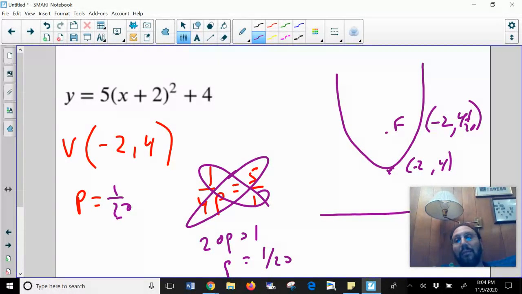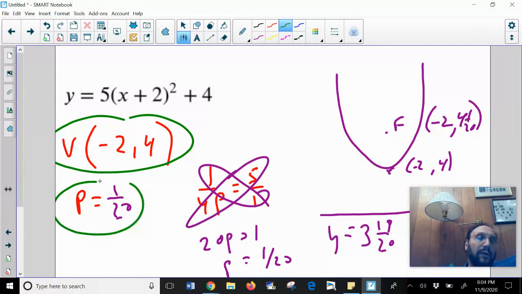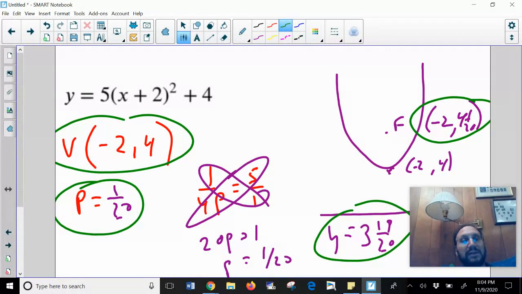Because it's going up into there. And the directrix is y equals 1/20th from 4. So 4 minus 1/20th is 3 19/20. And those are all the answers for the last 4 problems. This is the focus, the directrix, the p-value, and the vertex.